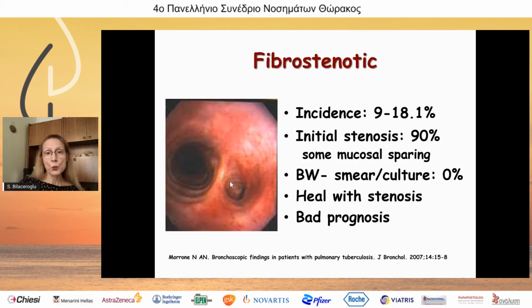Fibrostenotic form is the worst form with a very bad prognosis because initially the patient can present with a stenotic airway as seen here, and it's occurring in 90% of the cases. So this is the form most frequently requiring interventional procedures.